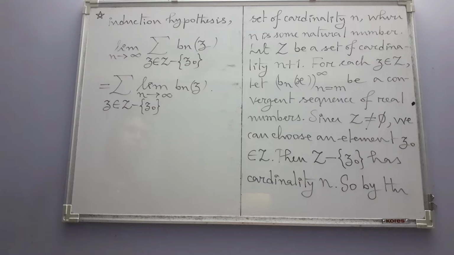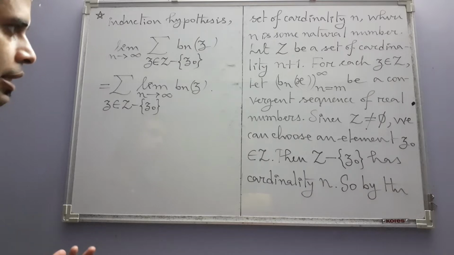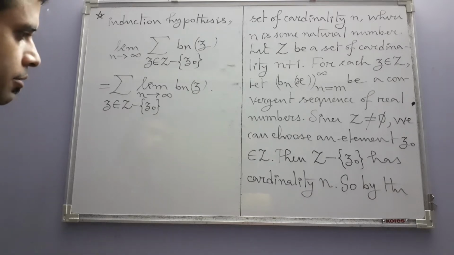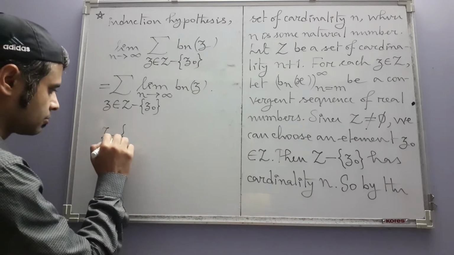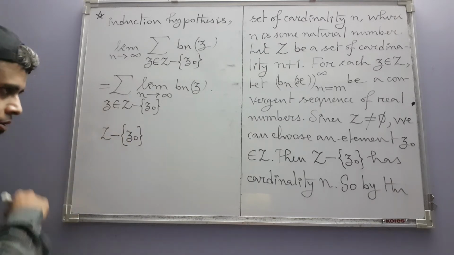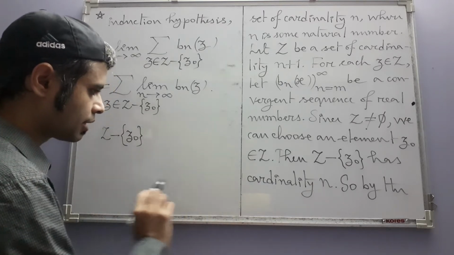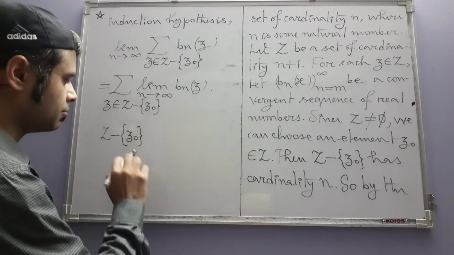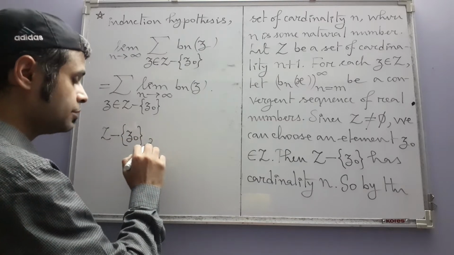Okay. Now, in applying the induction hypothesis and hence in writing this equation, do you see what has gone on in the background? Our finite set now is this, which has been obtained by removing this z naught from the original set Z. Now the sequence of functions that we were talking about there is still there.